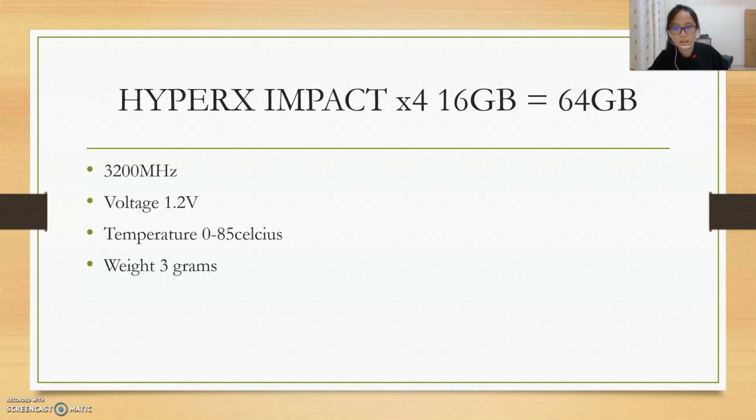The first one is the frequency, 3200 megahertz, and the voltage of this RAM is 1.2 volt, and the temperature is 0 until 85 Celsius, and the weight is 3 grams.